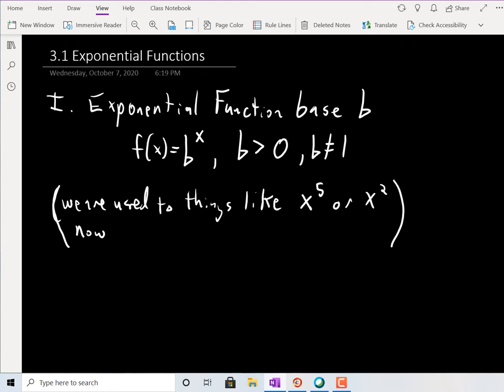Now the base is a constant, but the exponent is variable. It's a switch, a crisscross. Now we'll have things like 5 to the x or 2 to the x.